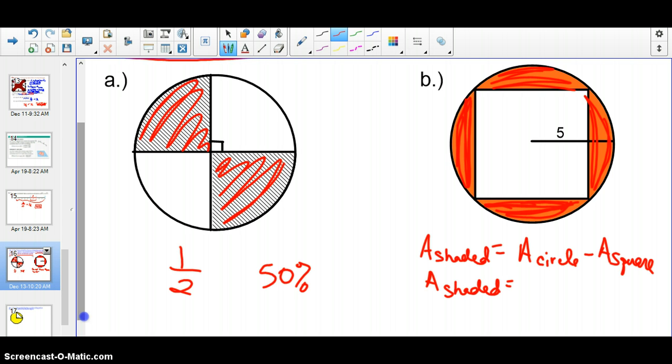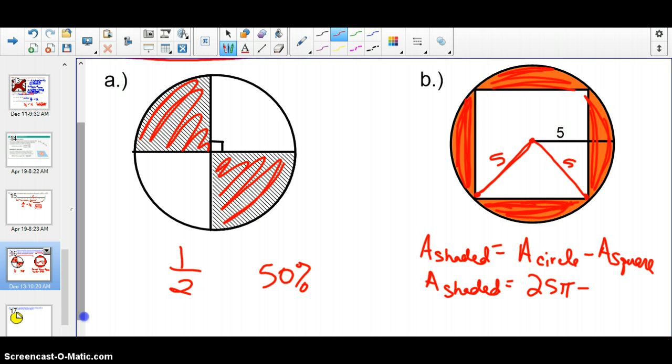Okay, so the area of the shaded region is the area of the circle, which is going to be 25 pi, minus the area of the square, which is 50. It's 50 because you can see that this here is 5 and 5.